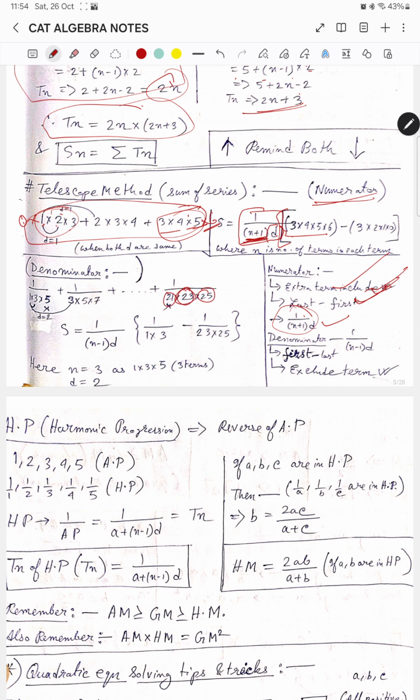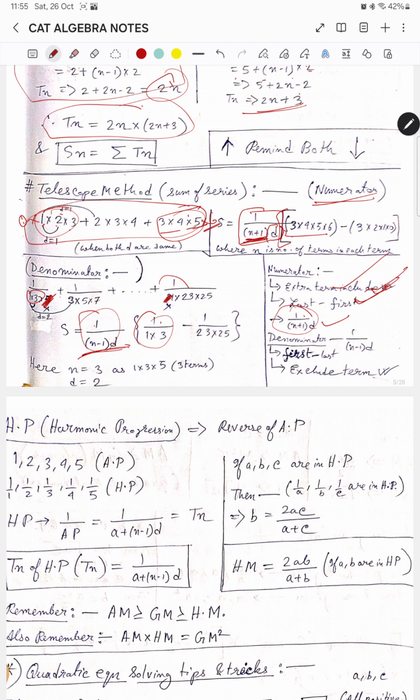From the last term, 25 into 23, you exclude 21. In the denominator it was first term minus last term. First term 1 into 3, you exclude this 5, and for the last term you exclude this 21, and multiply with 1 by n minus 1 into d, not n plus 1 into d.